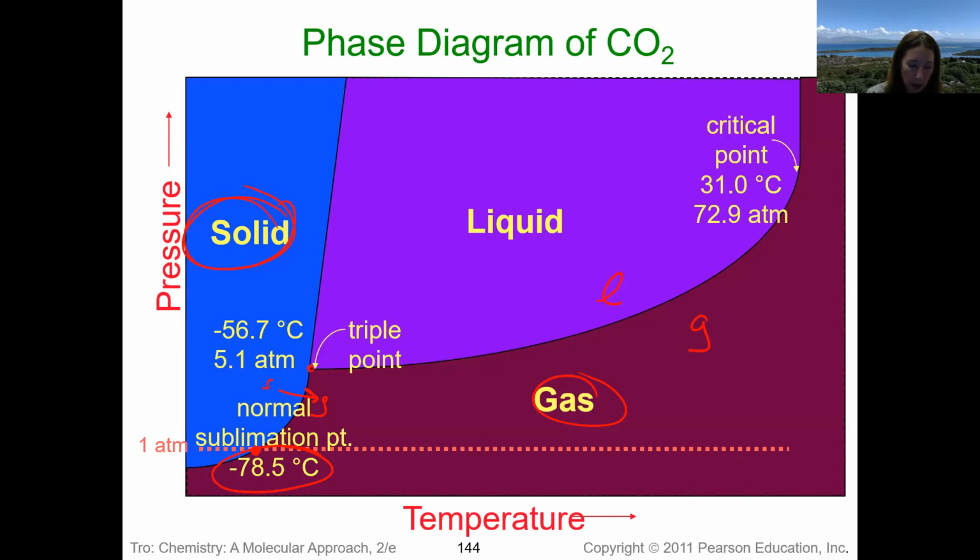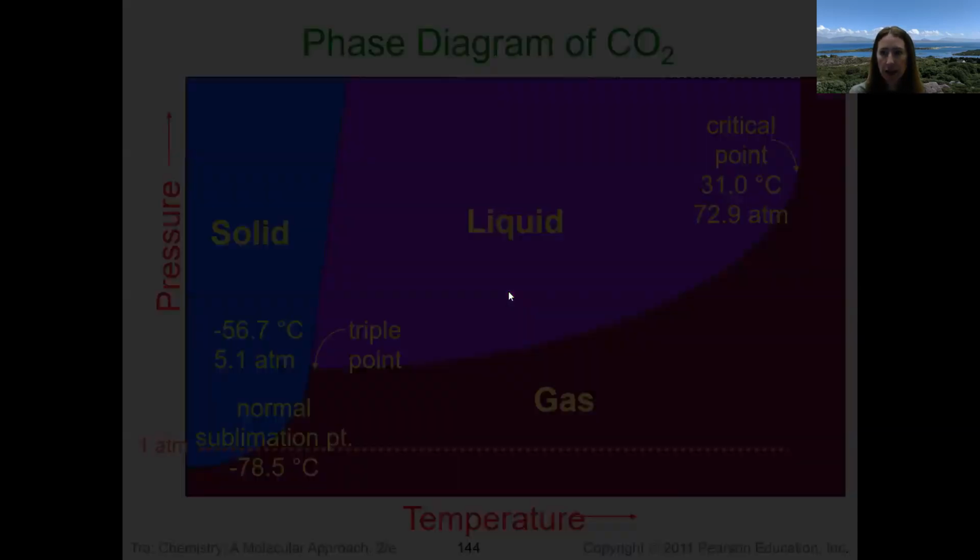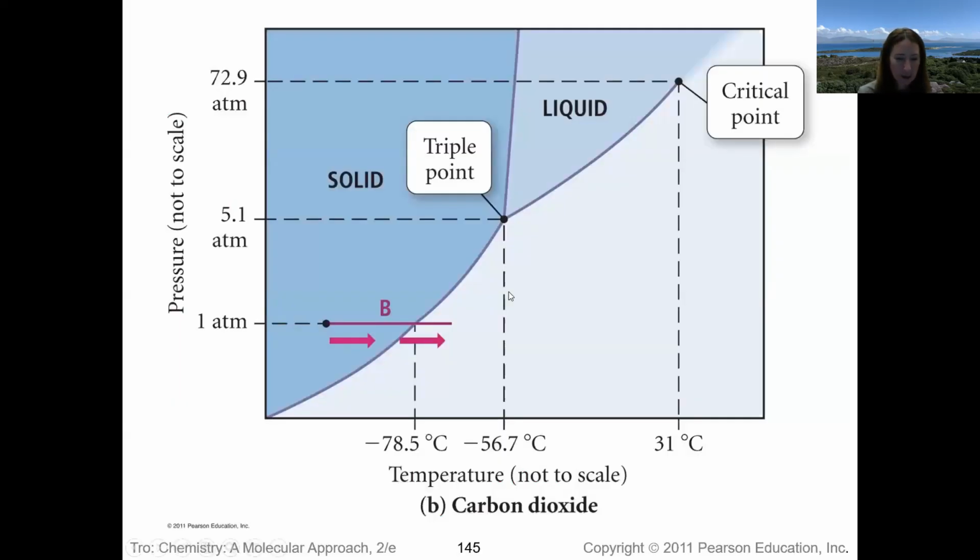The triple point where they all meet, where it's solid, liquid, and gas, is negative 56 degrees. So this would be negative 57-ish. And this would be 5 atmospheres, which is like 5 times what we are right now. Again, here's the critical point where the line stops. But as you can see, all of these are very, very similar. Okay, so again, this is a good picture of the critical point. Here's the triple point.